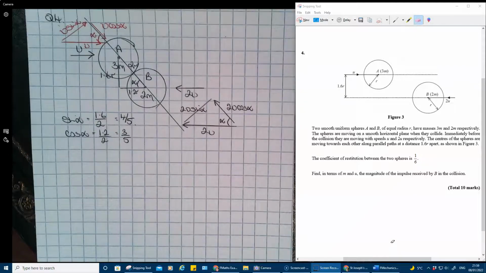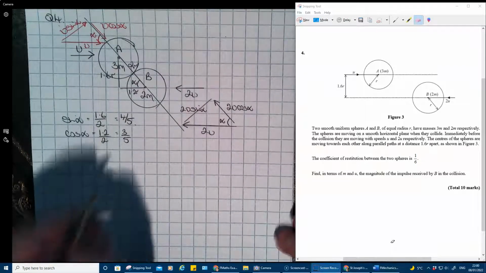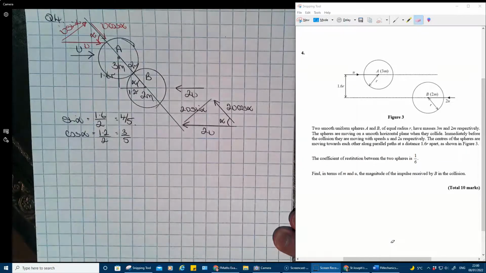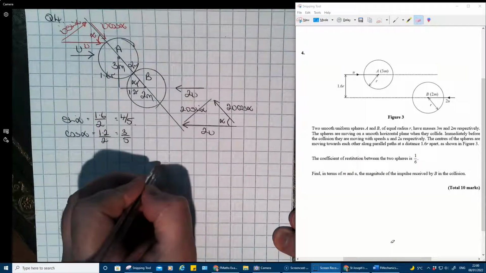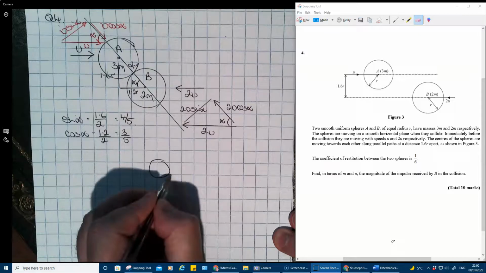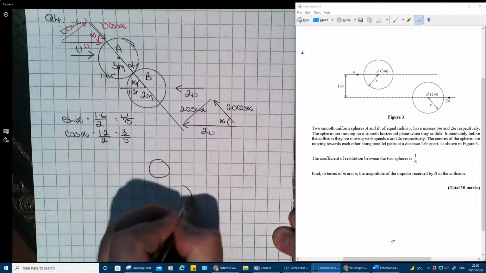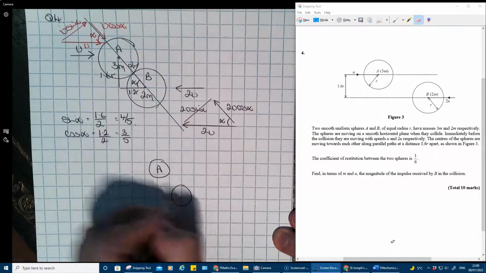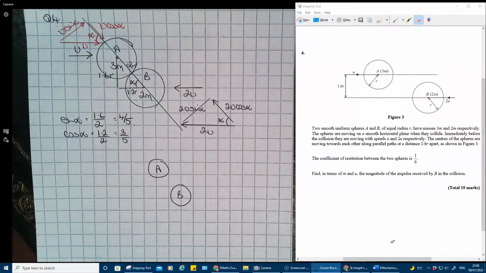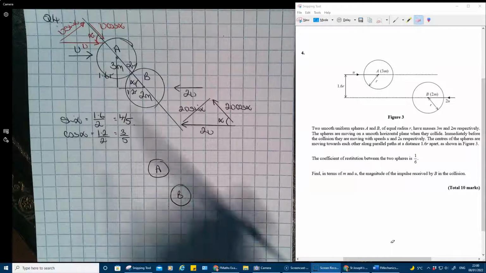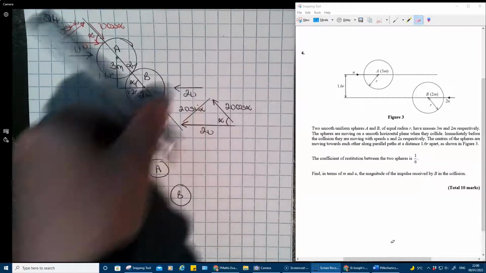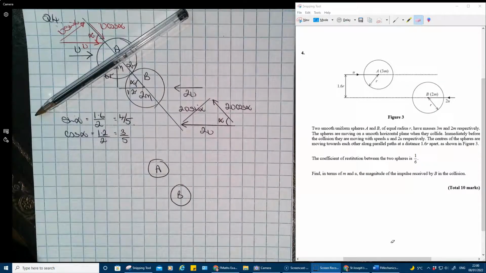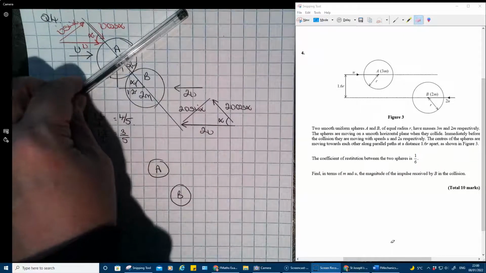Right, now we just got to think about what happens afterwards. So after they've collided, I'll draw one afterwards. So we've got A and B. We know in the direction perpendicular to the centres, so this direction here, that the velocities are unchanged.